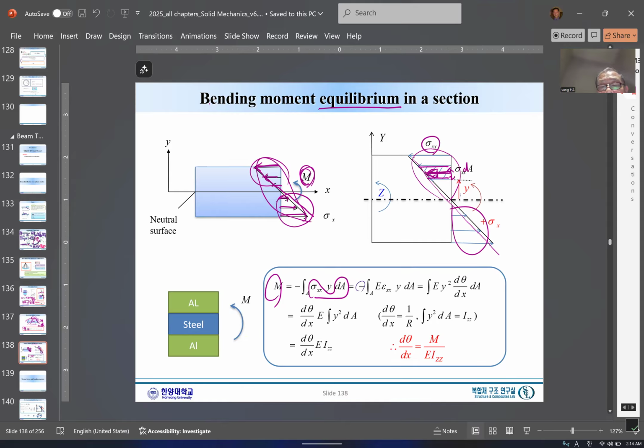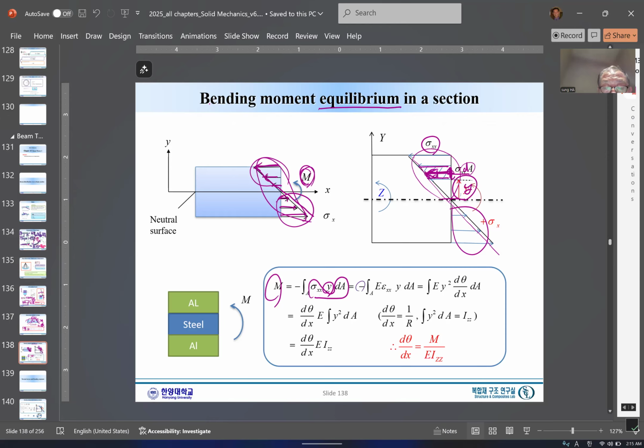This is the force because the stress times the area gives us the force. Now the moment, how do you get the moment? Well, this force will simply cause the moment. So to get that, we need to multiply by y. So that's why we have a y here.